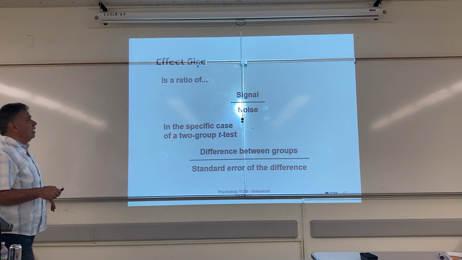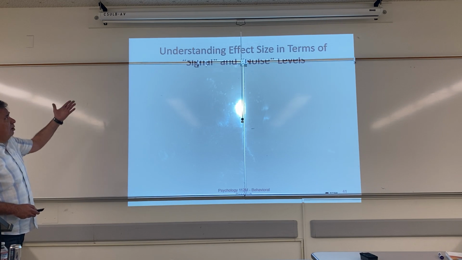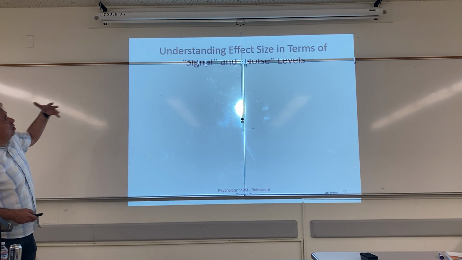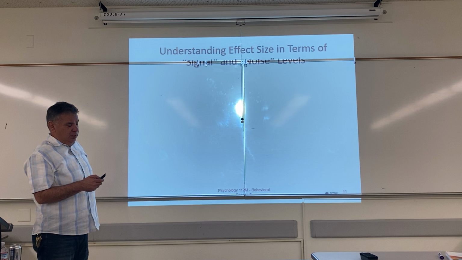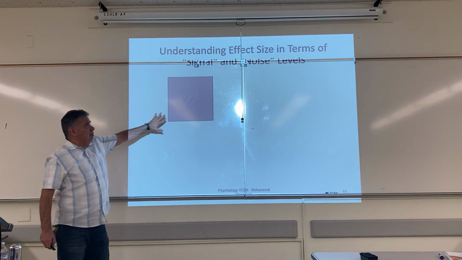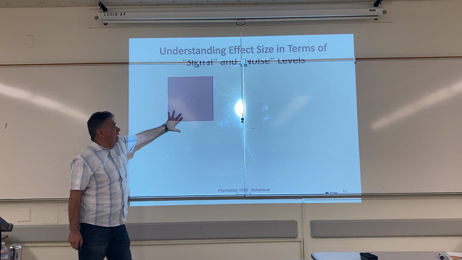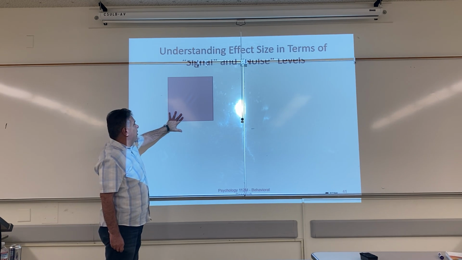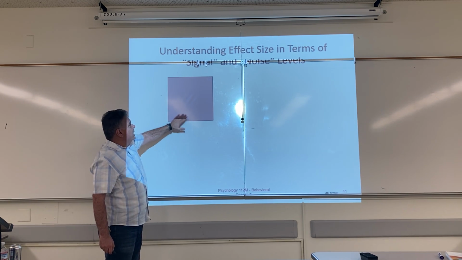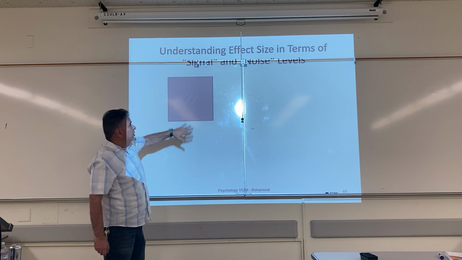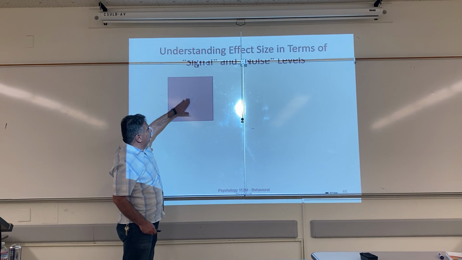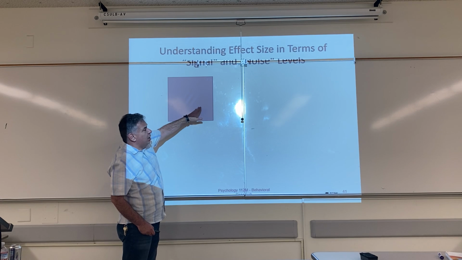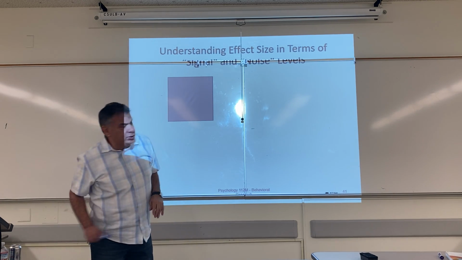So I want you to think of effect size in terms of signal and noise levels. Here, I have this paper. It kind of looks like a piece of sandpaper, but it's very, very fine. I don't know if you could see this in your lecture notes, but it looks like there's a ripple on this paper. So it's like there's a radio signal.